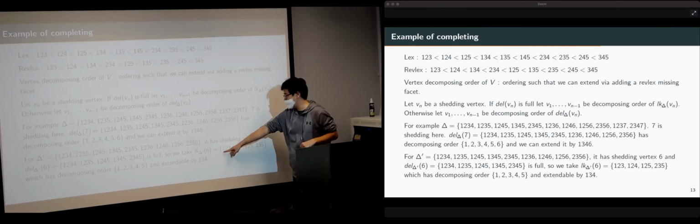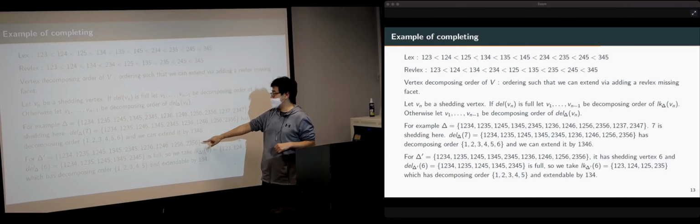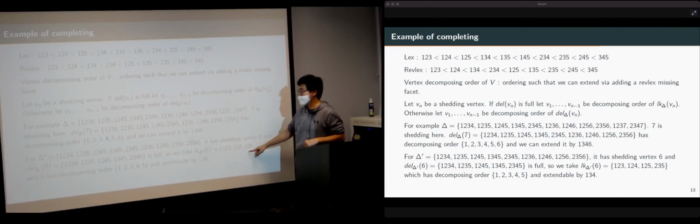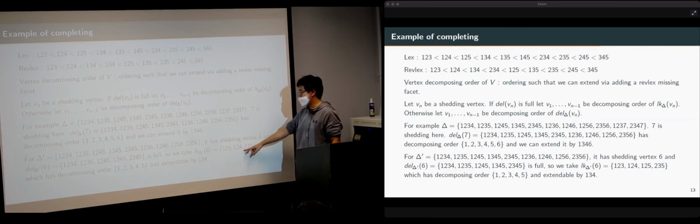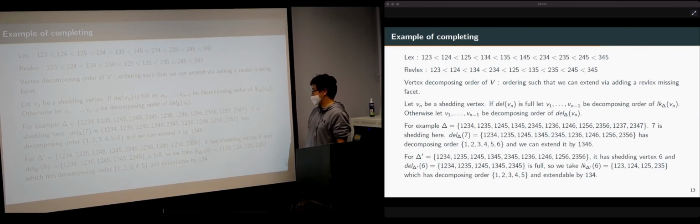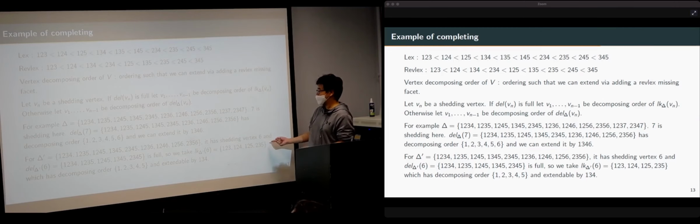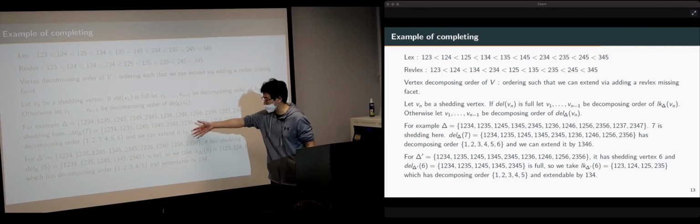We are basically looking at all the facets over here that contain 6 and then removing 6 from them. So it's going to be generated by this set of facets. And recursively, what we can check is that this has the decomposing order 1, 2, 3, 4, 5. And if you take the revlex smallest facet that is missing, which is 1, 3, 4, then attaching 1, 3, 4 extends this complex to a vertex decomposable complex.